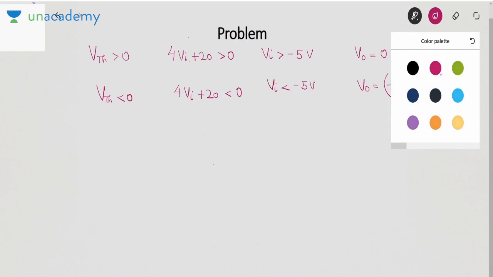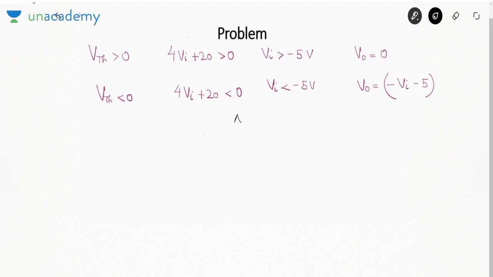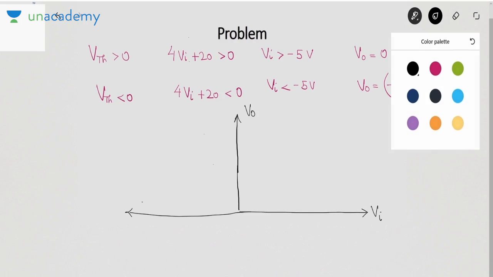Now let us draw this transfer characteristics. V naught versus VI. Now the threshold point is minus 5 volt.